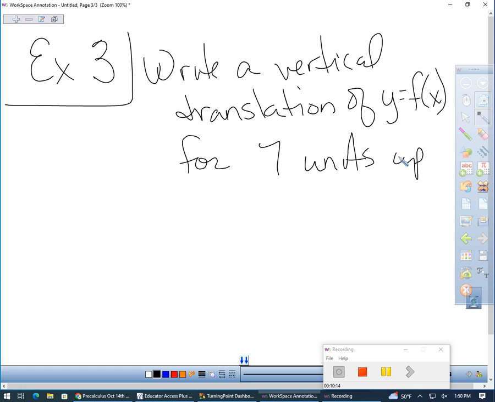So if I'm going 7 units up, what am I going to do to the end of my function? Well, I'm going to move it up, but how do I move it up? What am I doing to my equation? You add 7. So my answer to this is simply y equals f of x, because that's my parent function, plus 7. Exactly. That's it.